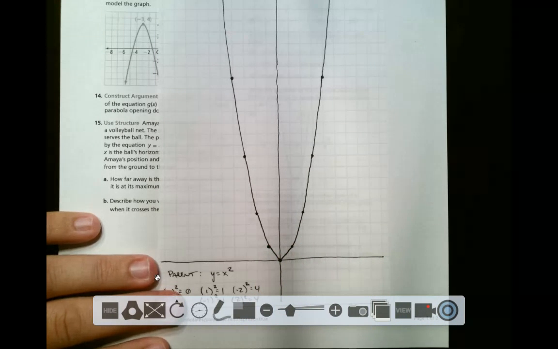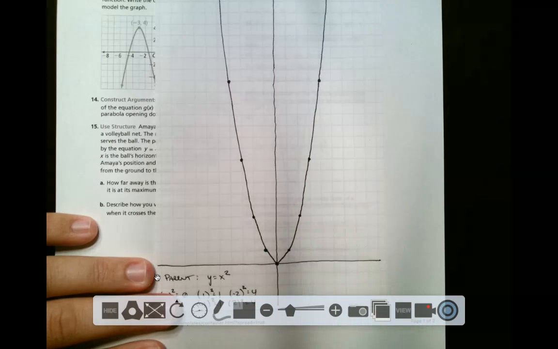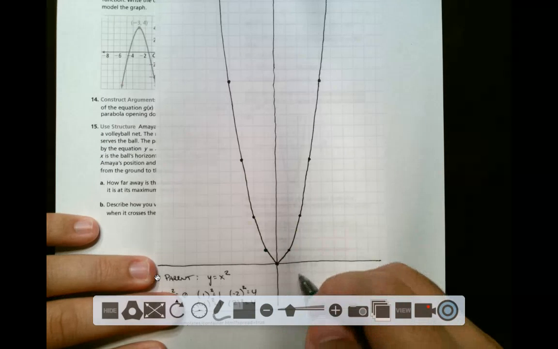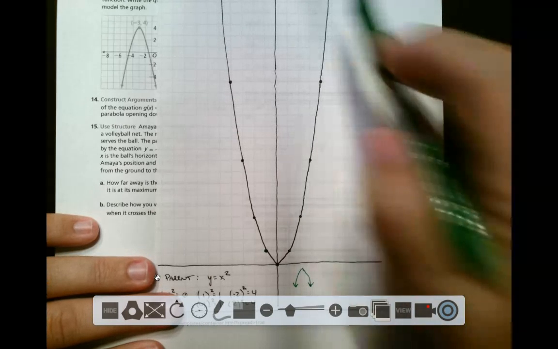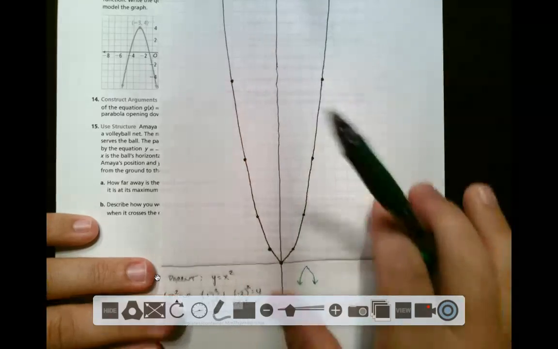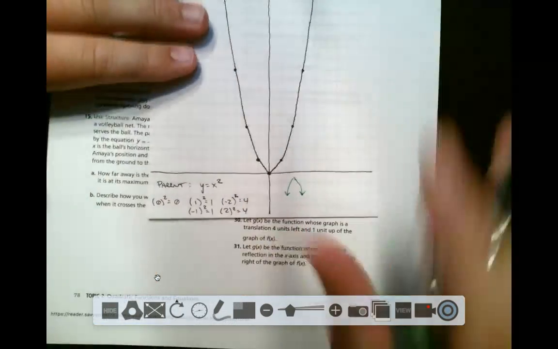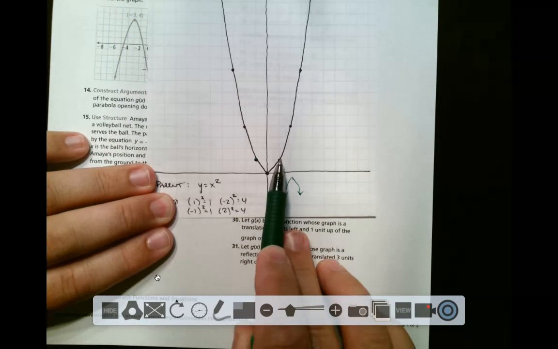I know it's reflected, so I know it's going to be opening down, right? So I know right now it's going to open up in this direction. It's going to be a frowny face. But the only way I'm going to find the points is if I apply that stretch of 2. So here we go. Our first point on our parent function was over 1, up 1, right?